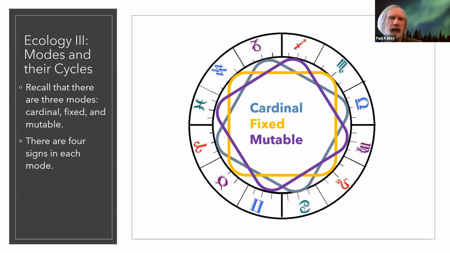Moving on to the third little gymnastic exercise we're going to perform here. We're going to look at the modes. We're looking at the zodiac wheel in terms of the modes. There are three modes: cardinal, fixed, and mutable. Four signs in each of the modes. 12 divided by 3 is 4.